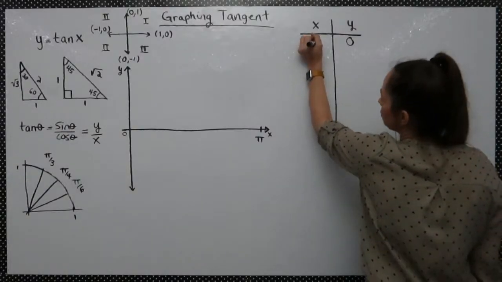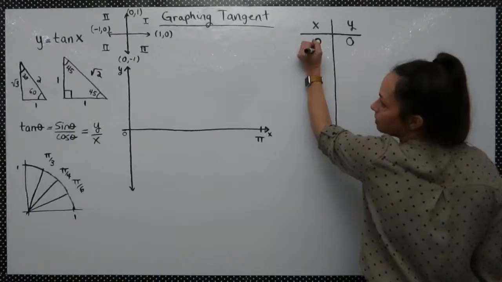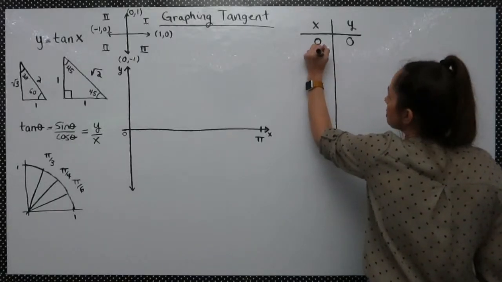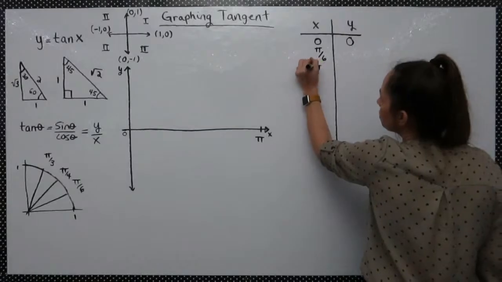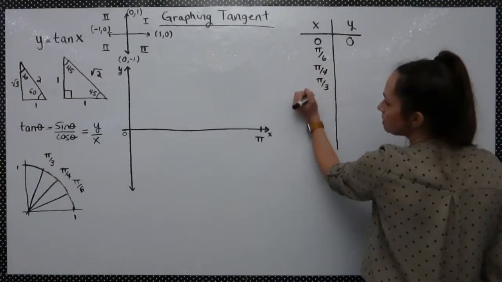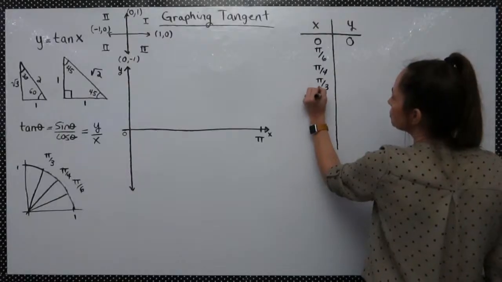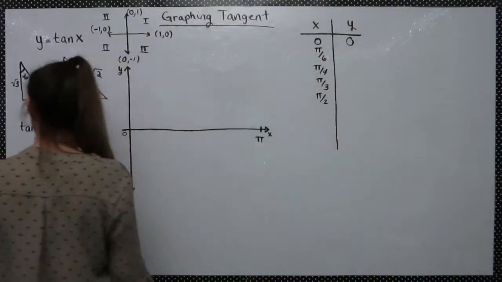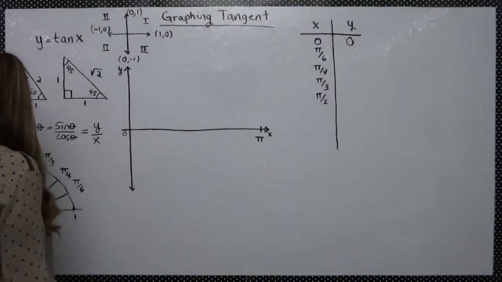So we have 0, and then we're going to go up to pi over 6. And then pi over 4. And then pi over 3. And then we'll do pi over 2. And then that'll put me up to this point, pi over 2.